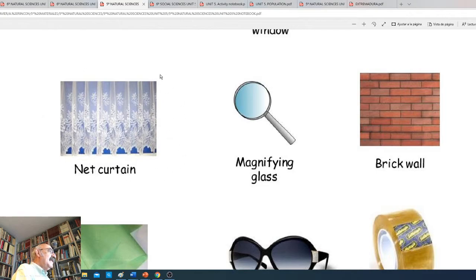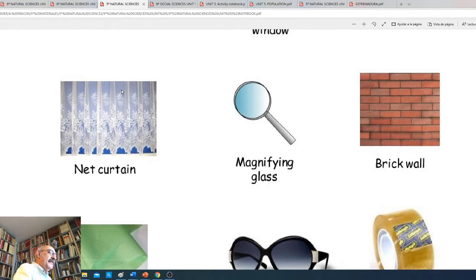This net curtain is a curtain you can have in your bathroom. What do you think about this net curtain? Is it transparent? Is it translucent? Is it opaque? Julia, butter paper is what in Spanish we call papel de mantequilla.